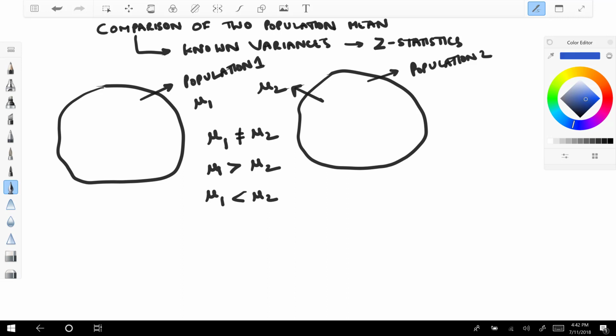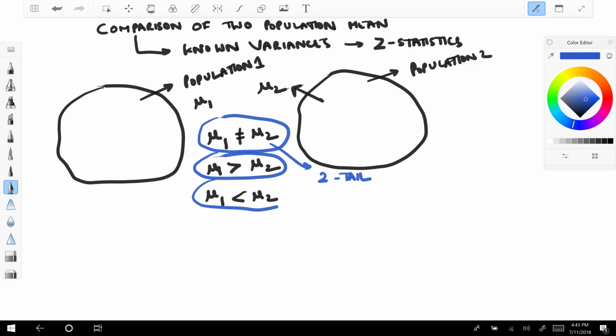You might know that mu1 not equal to mu2 is mostly a two-tailed test, and because it is directionless, we can prove the alternative hypothesis on both sides. Mu1 greater than mu2 and mu1 less than mu2 are one-tailed tests because we are testing on only one side.